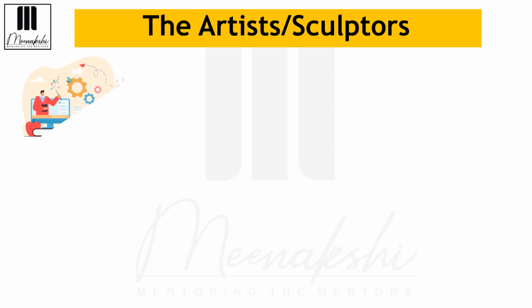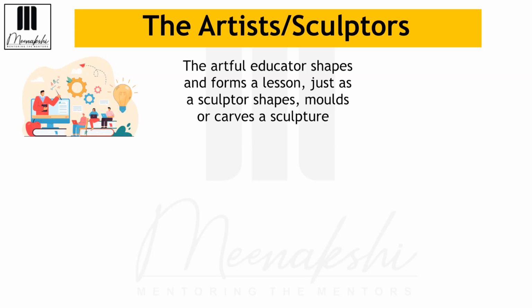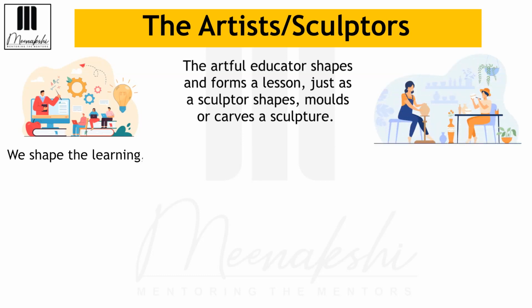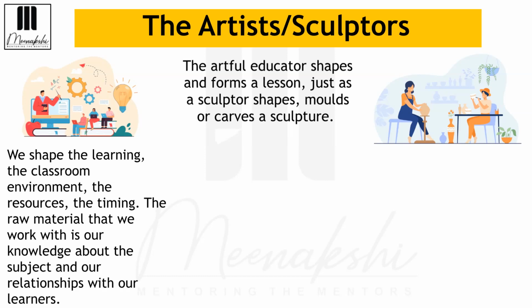We are the artists. We are the sculptors. An artful educator shapes the forms and the lesson and the children, like a sculptor shapes or molds or carves a sculpture. We shape the learning, the classroom environment, the resources, the timing. The raw material that we work with is our knowledge about the subject and our relationship with the learners.